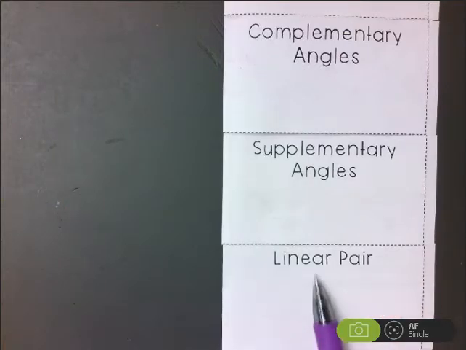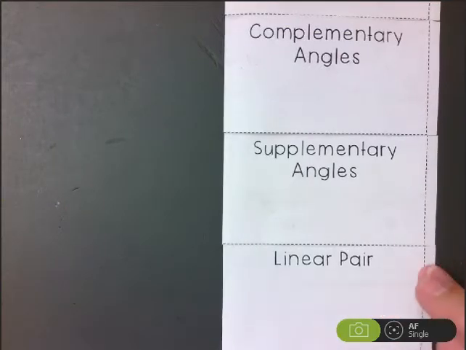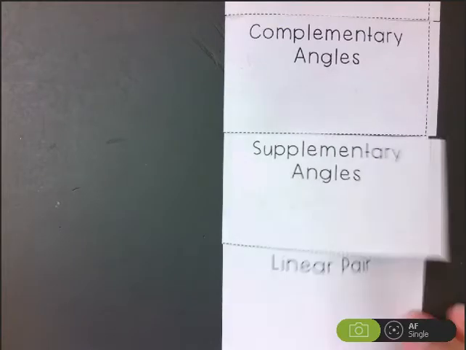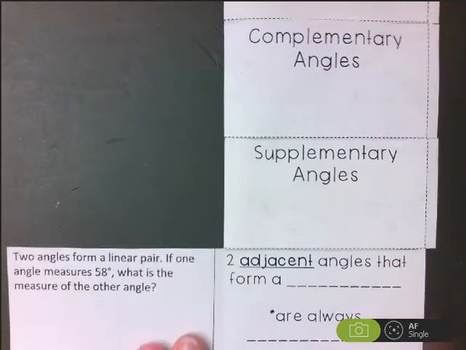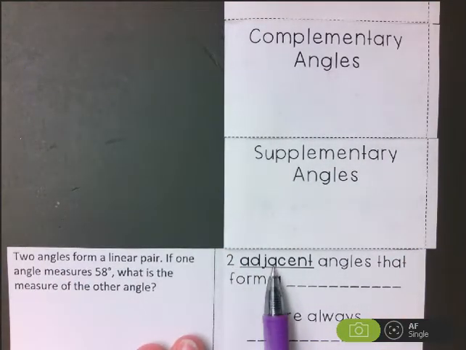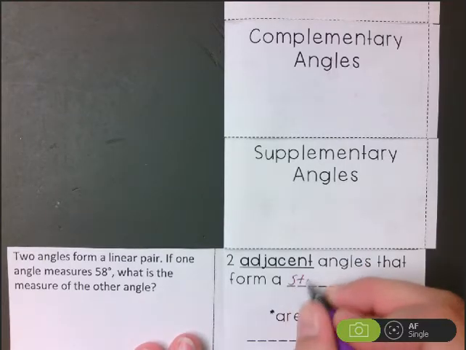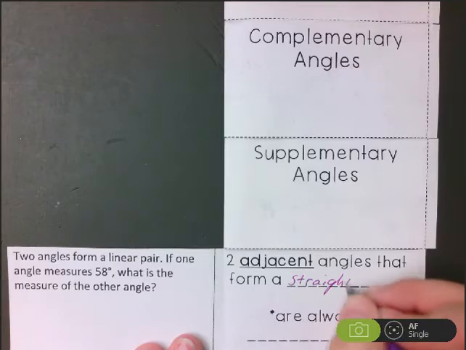The next one is a linear pair. A linear pair, so linear means line, so it's just that. It's two angles that we're going to put together to make a straight line. So two adjacent angles that form a straight line. They form a straight line.